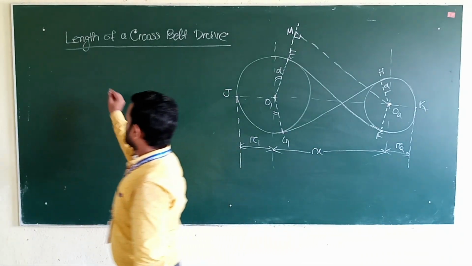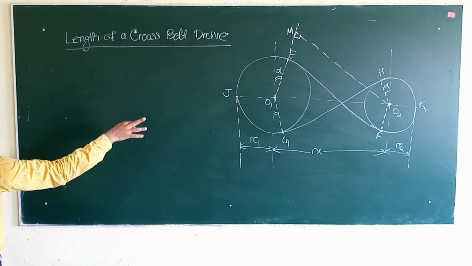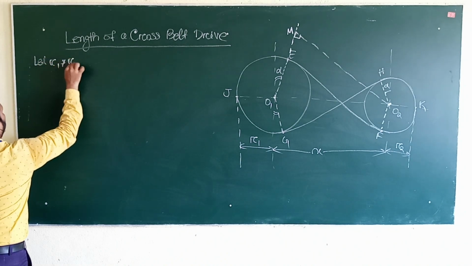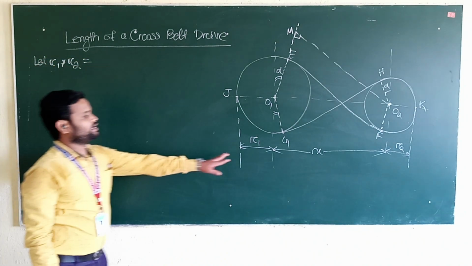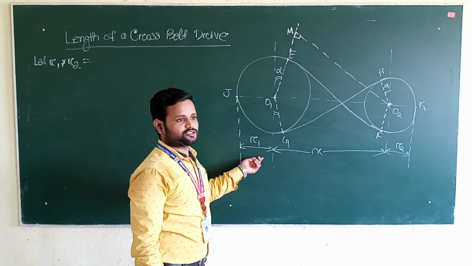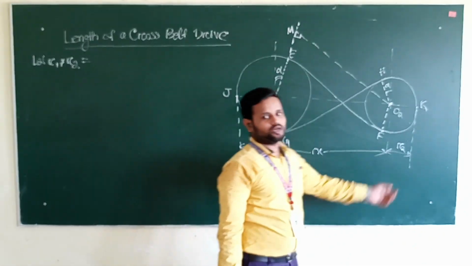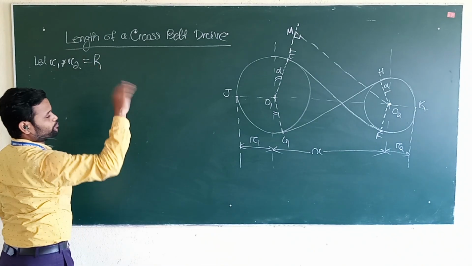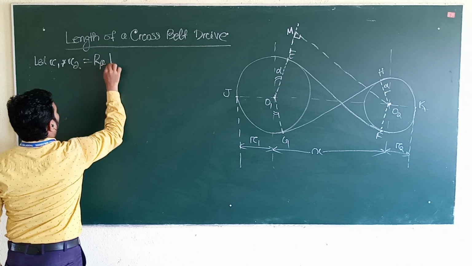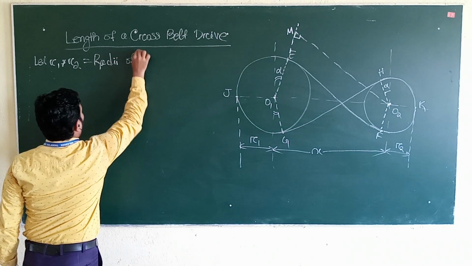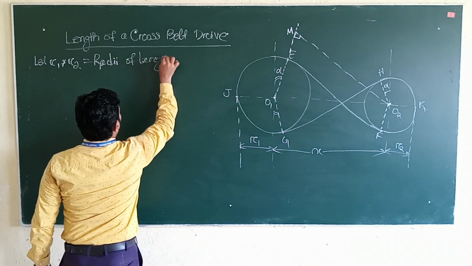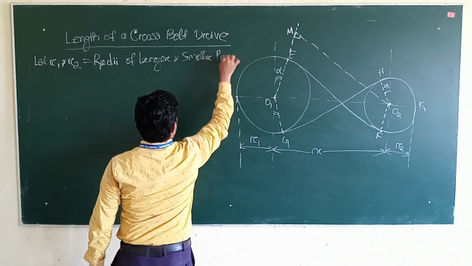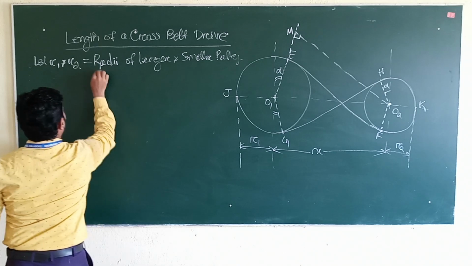Now, let us see what the unknown terms are. Here the unknown terms are R1 and R2. R1 is the radius of the larger pulley and R2 is the radius of the smaller pulley. So R1 and R2 are the radii of the larger and smaller pulley respectively.